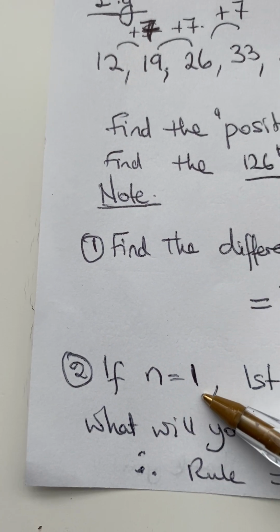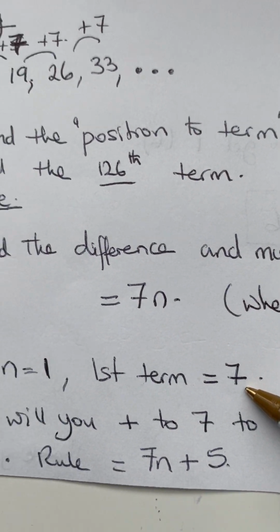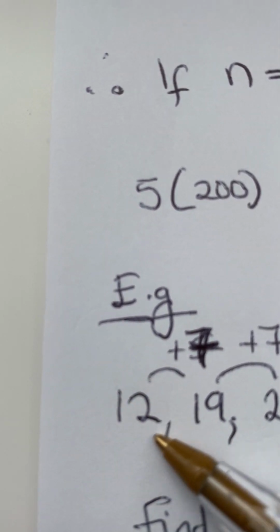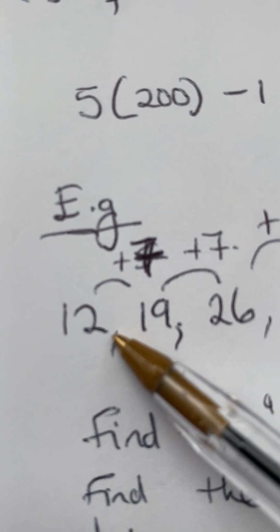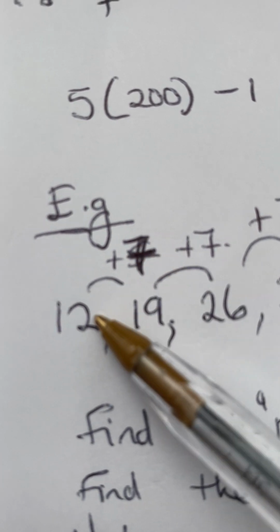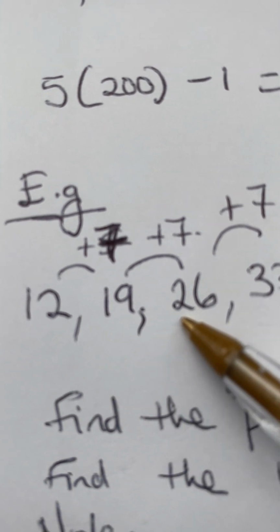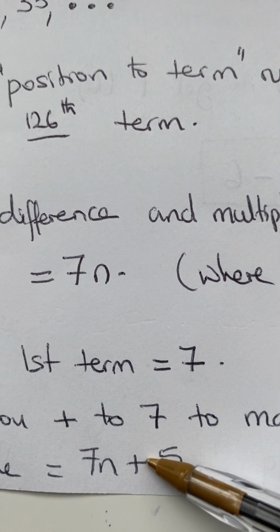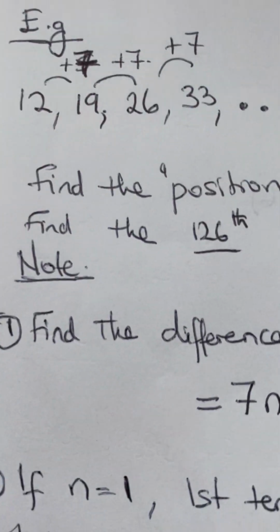So if n equals 1, we have 7. Now, what would you do to 7 to get a 12? You add 5. So straight away, our position to term rule will be 7n plus 5, and it should be true for all these other numbers.